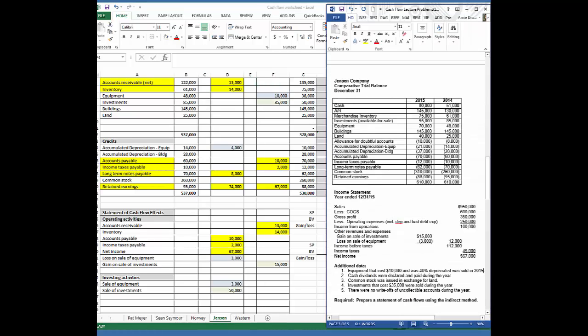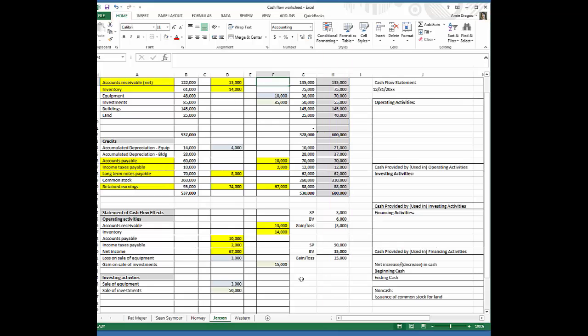Let's see if it mentions anything about purchases. Okay, so nothing is mentioned except for land about purchases. So we'll just have to assume that these were cash purchases to make us balance. So looking at equipment, we can see that we must have had a purchase because when we entered the 10, we weren't in balance. And so we can plug a $32,000 difference here to make this balance.